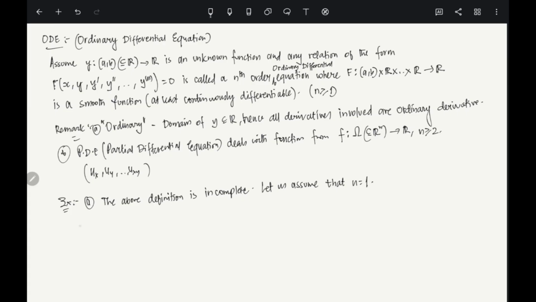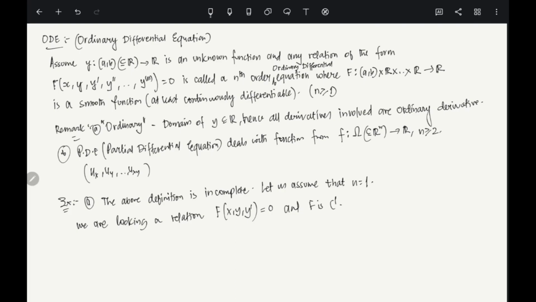So essentially we are looking at a relation which will look like this: F of x, y, y prime equals 0, and F is C1, continuously differentiable, whatever the domain is, but it is C1.